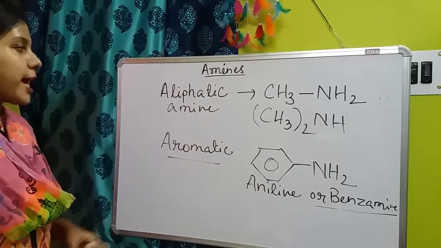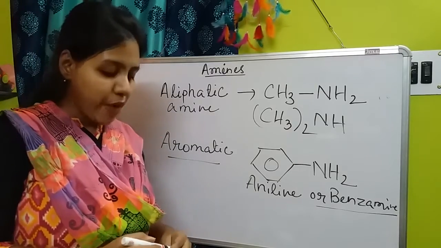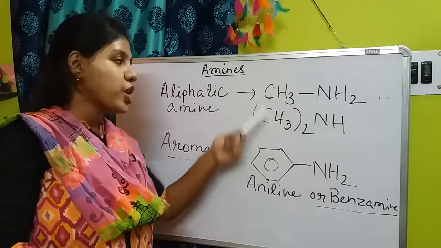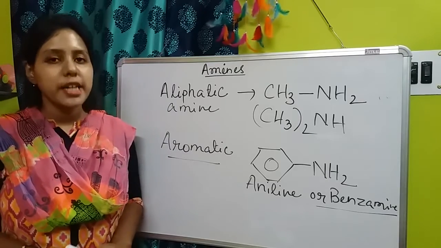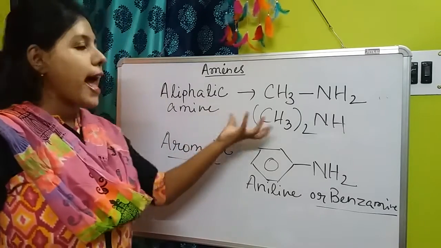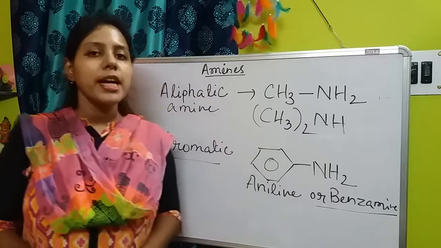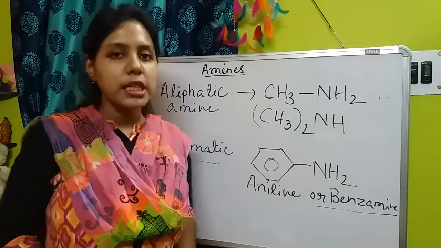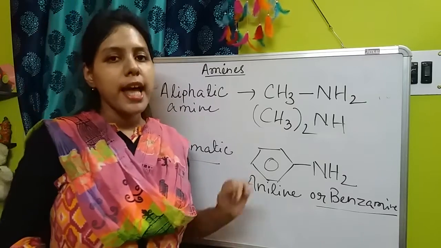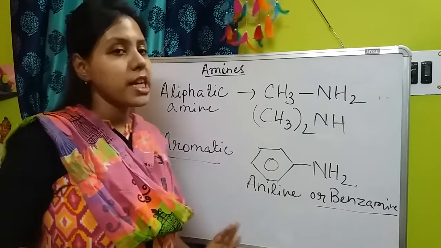So these different types of amines could be classified depending on the nature of the group that has been attached with the nitrogen. If it is an aliphatic group, then it will be known as aliphatic amine, and if the group is aromatic, that is like benzene ring, then it will be known as aromatic amine.